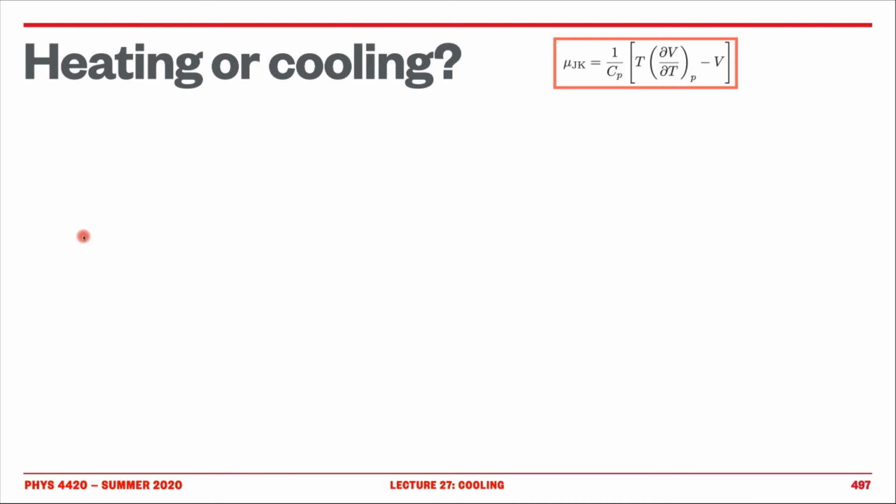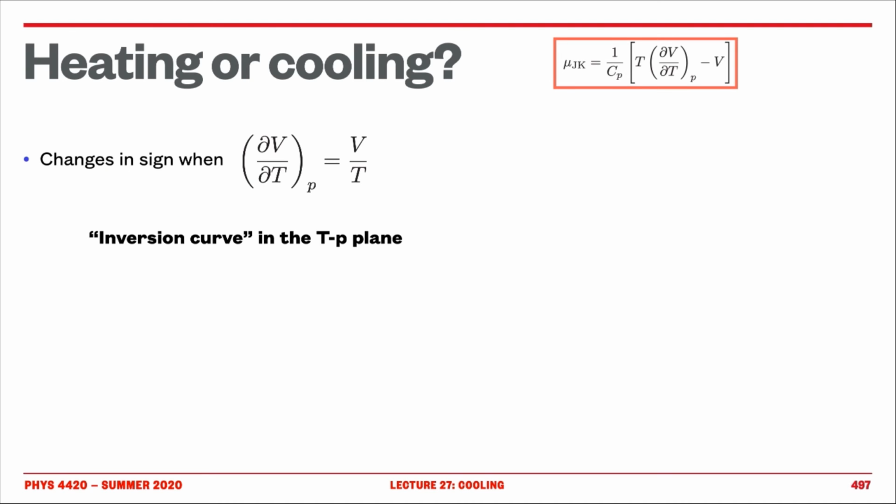Now, here's the big question that we ask. Is this term positive or negative? Well, again, spoiler alert, it can be either. It turns out that depending on how the volume changes with temperature at constant pressure, this is going to be either positive or negative. So let's try to see how it works.